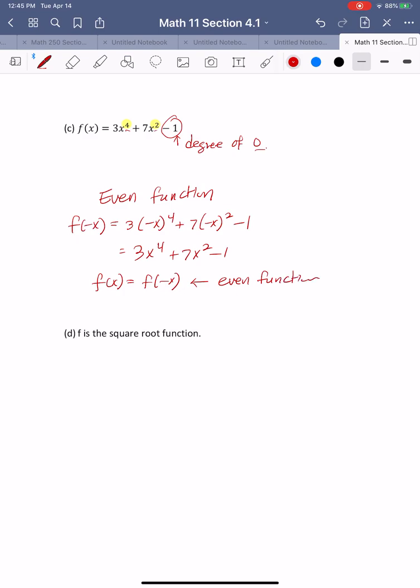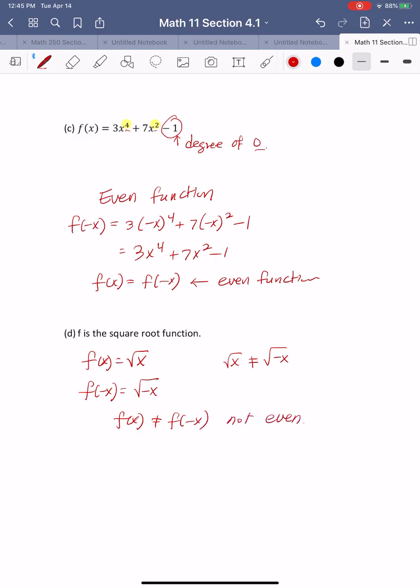And then f is the square root function, so let's say f of x is the square root of x. If you plug in f of negative x, I don't think the square root of x is the same as the square root of negative x. So f of x is not the same as f of negative x, which means it's not even.